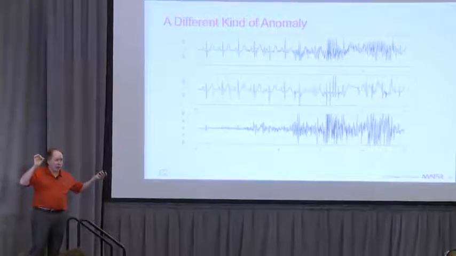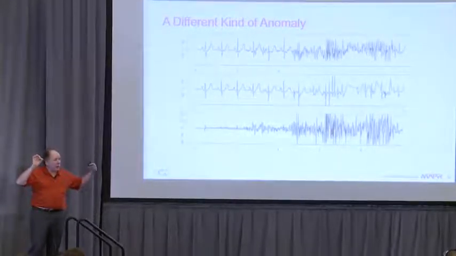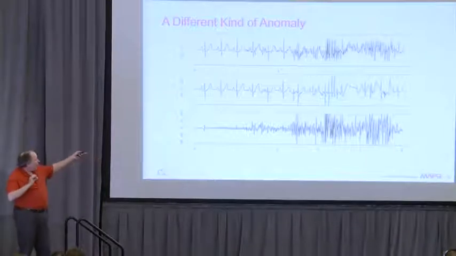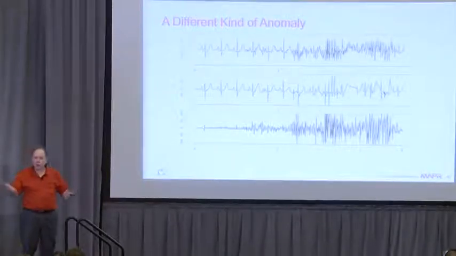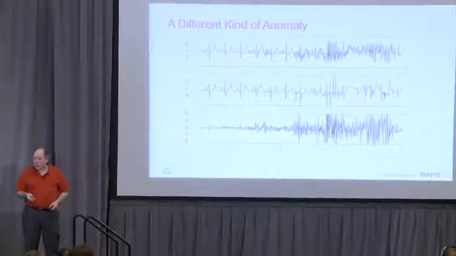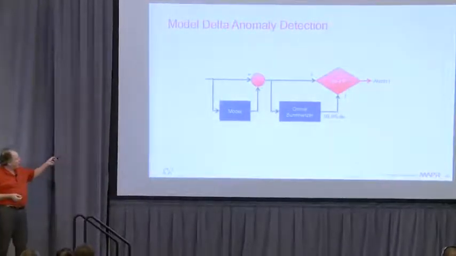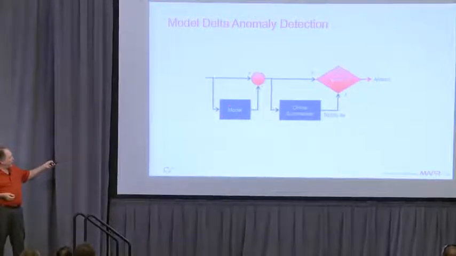In the first example, with just the random noise, we had a very simple idea of what the signal should look like. It should look like that, right there, plus or minus a little bit. Here, we want it to look like a heartbeat, like the dynamics of a heartbeat as they occur. And so we can build a different kind of anomaly detector by putting a model in there.